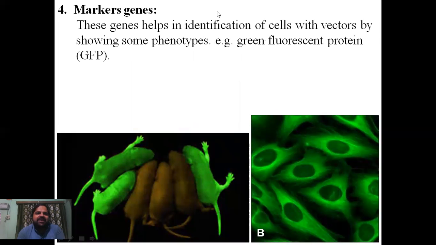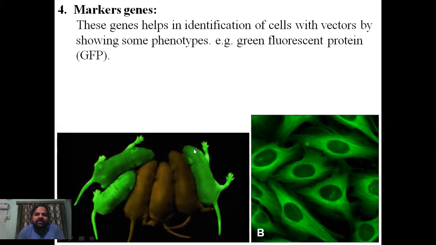Fourth is marker gene. So these genes help in identification of cells or animals with the vector by showing some phenotypes. For example, green fluorescent protein. So we can see here in first figure A, there are a total of 6 pups, and out of these 6, 3 are showing green fluorescent protein expression, GFP expression.